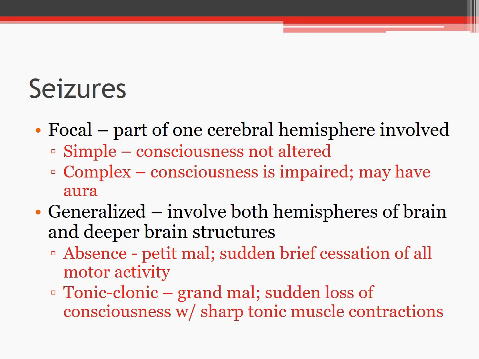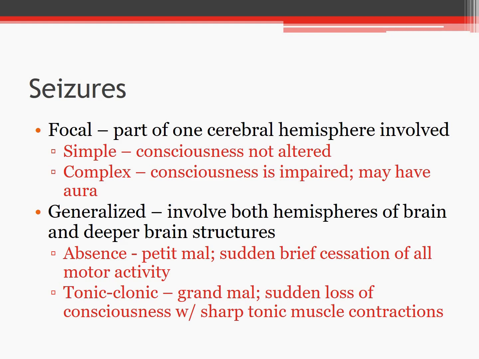The one thing that they might have with a complex focal seizure is what we call an automatism, which is just repetitive movement or motion. One instance might be someone who has a complex focal seizure experiencing lip smacking.